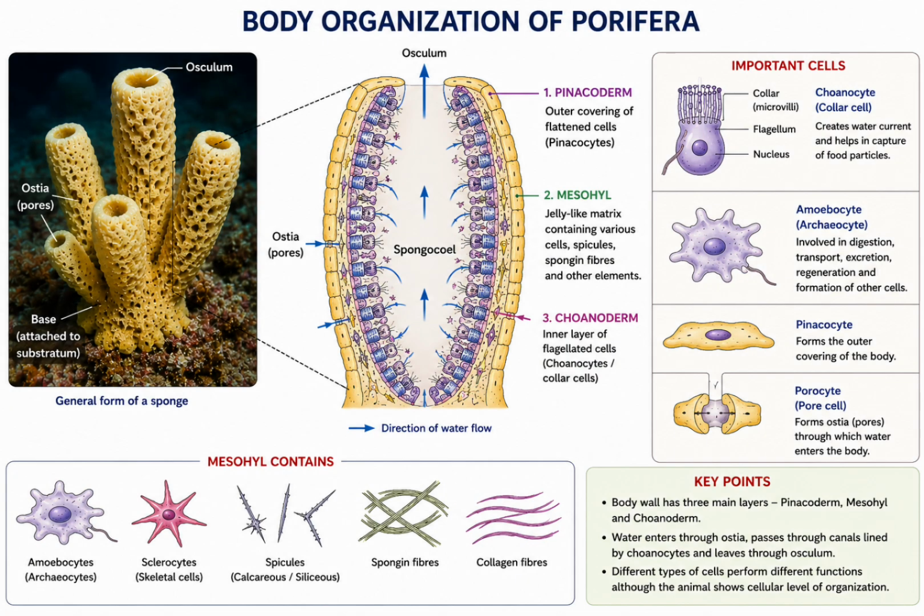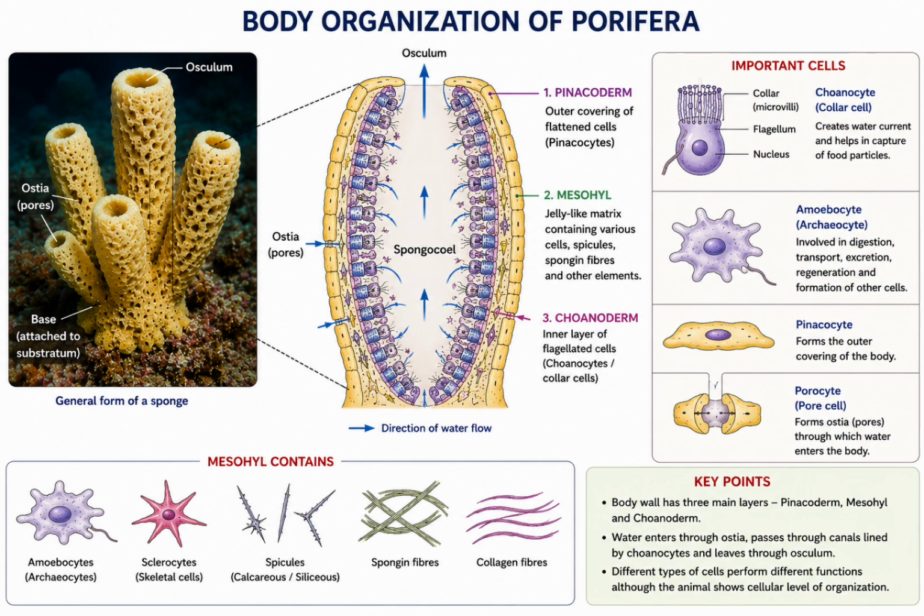There are some specialized cells present in Porifera, like the first one is choanocytes. These cells are responsible for water current and food capture. Then the amoebocytes. These cells are used for transport, digestion and regeneration. And then the pinacocytes. These cells form the covering of the body.